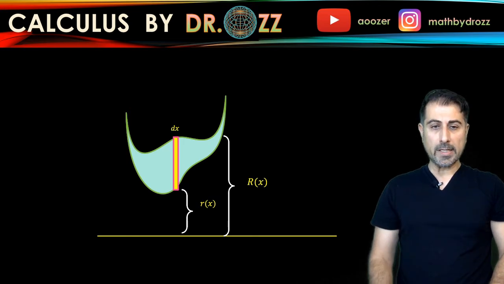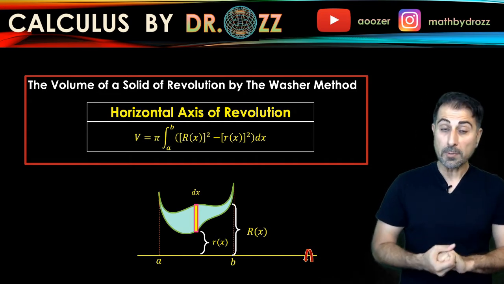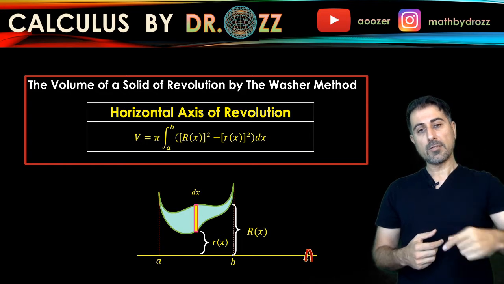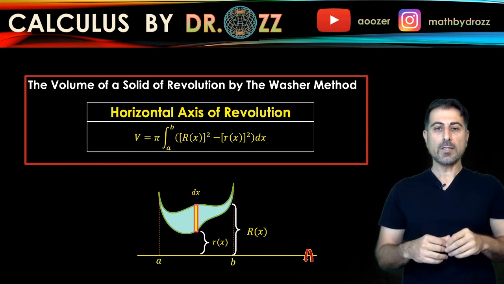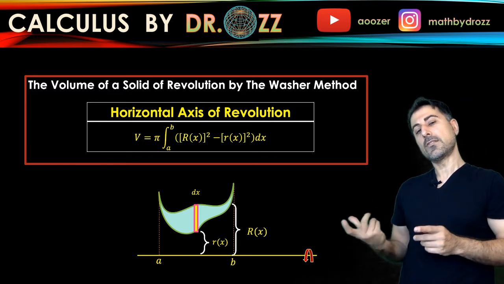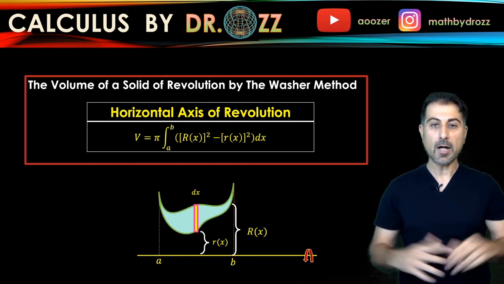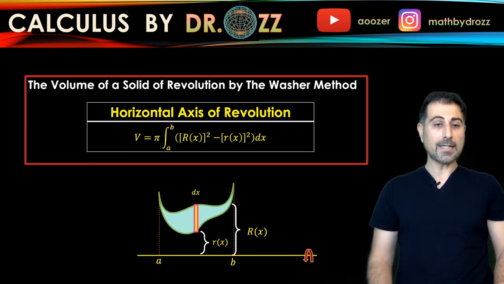Then you can write the volume formula, which is the volume of the outer disk minus the volume of the inner disk: pi capital R squared minus pi little r squared, dx. The x's range between a and b, so we integrate from a to b. Let's get started and see what our volume formula looks like.